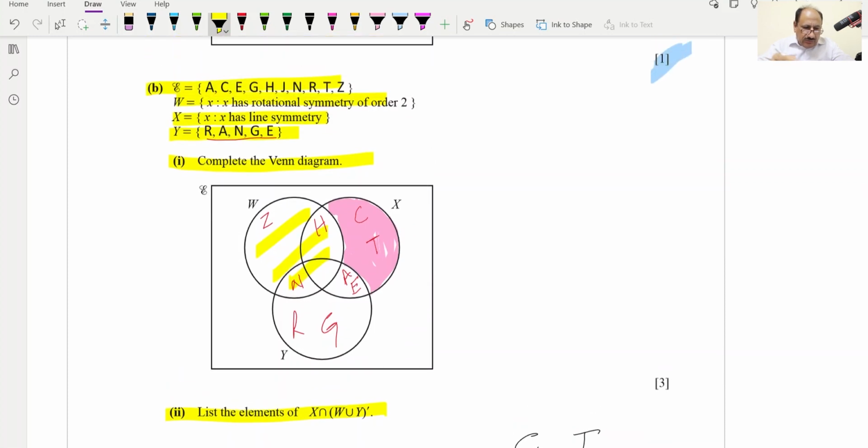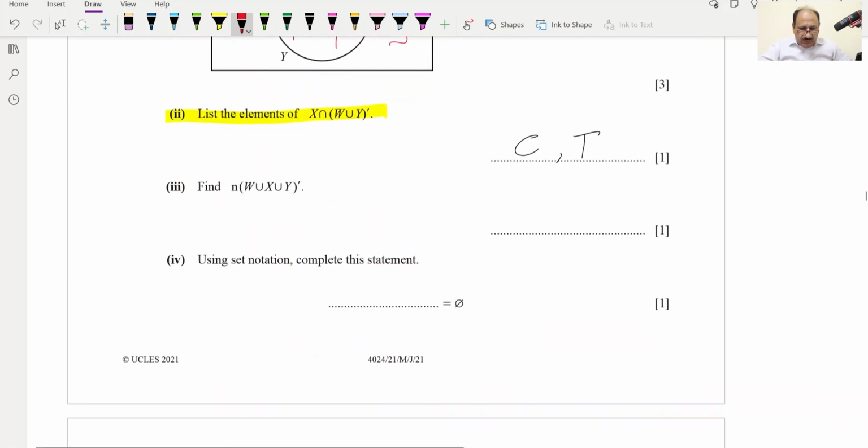A, C, 1 2 3 4 5 6 7 8 9 10. 1 2 3 4 5 6 7 8 9. We missed one in this drawing, so we have to check which one is missed. So A is there, C is there, E is there, G is there, H is there, J we missed, so J will be in the outside region over here, and this is the answer for this one. They are asking for n, so the count will be 1, so we write over here 1.